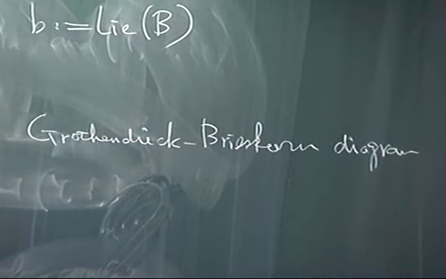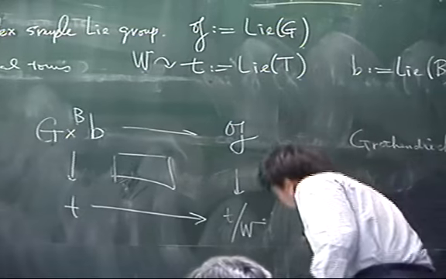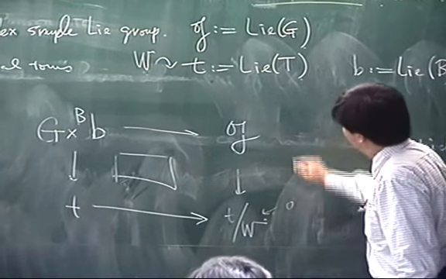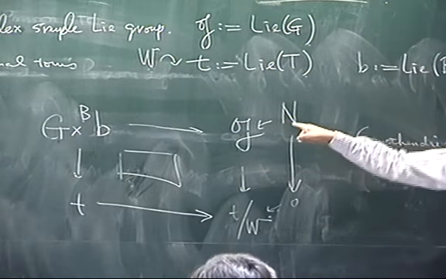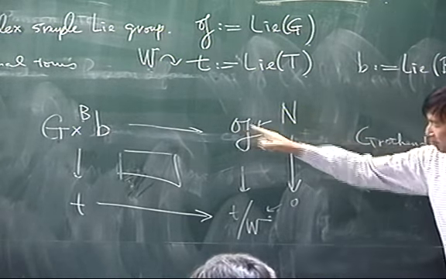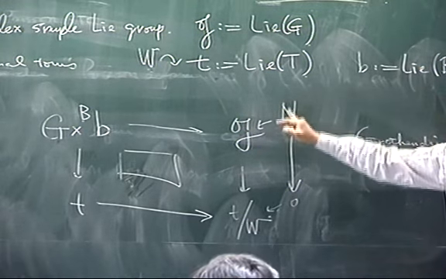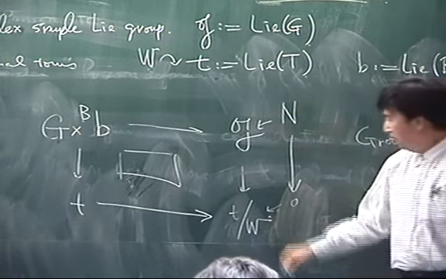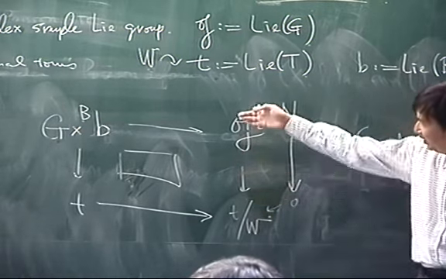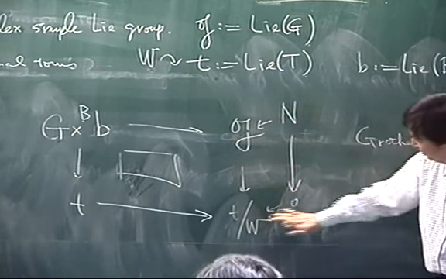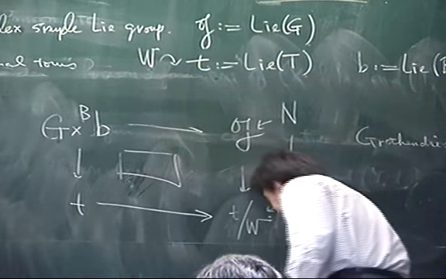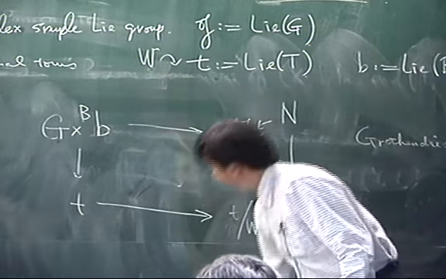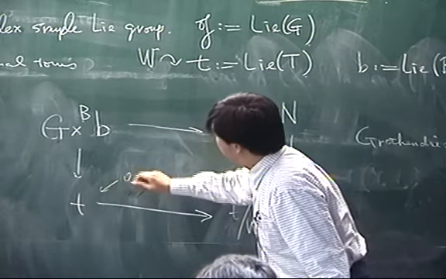Okay, and the central fiber is just a nilpotent cone. N is the set of all nilpotent elements in G. This is called the nilpotent cone. And by using the constant Kirillov form, it becomes a Poisson deformation of N. And what is the central fiber over here?